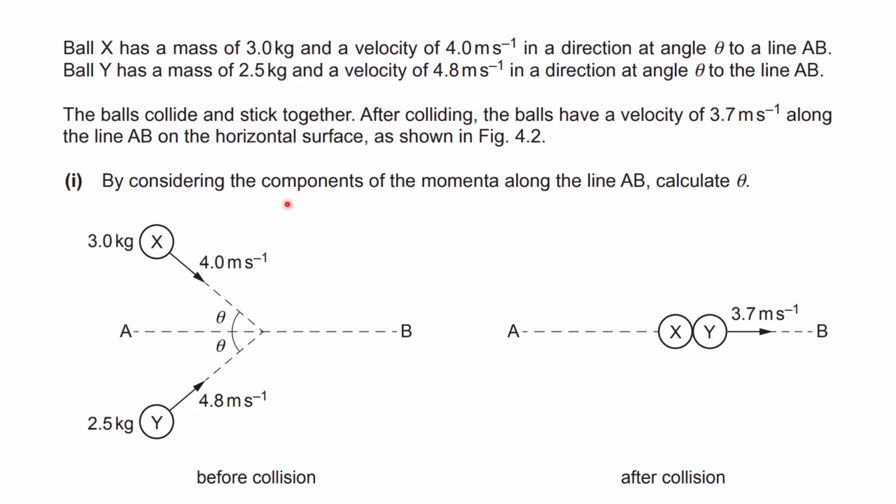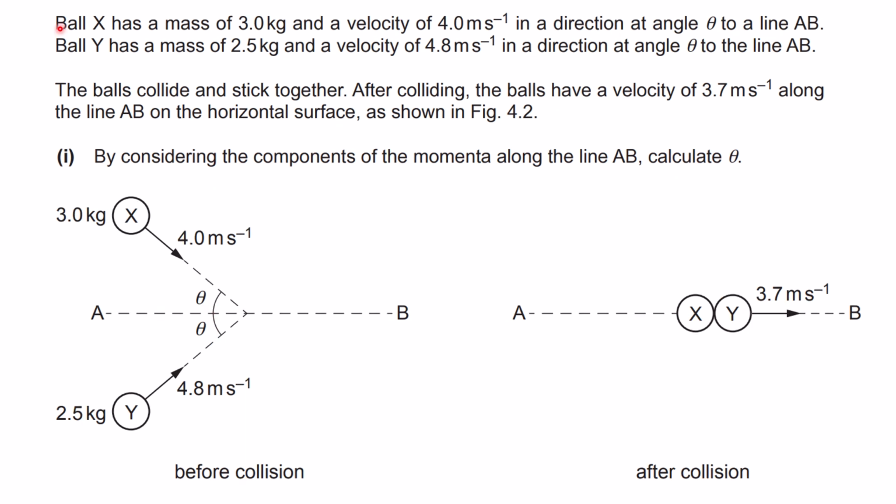By considering the components of the momenta along the line AB, so horizontal, calculate the angle theta. Ball X has a mass of 3 kilograms and velocity 4 meters per second in a direction at an angle theta to a line AB.